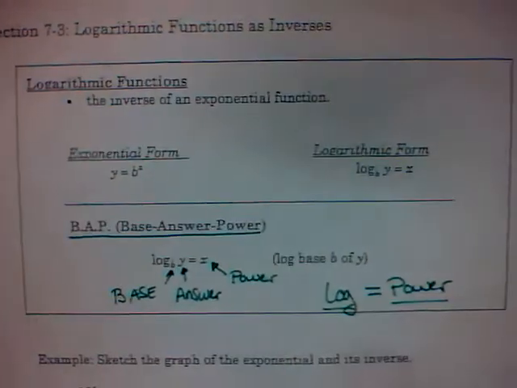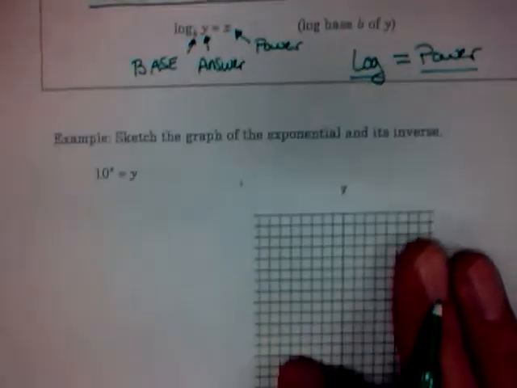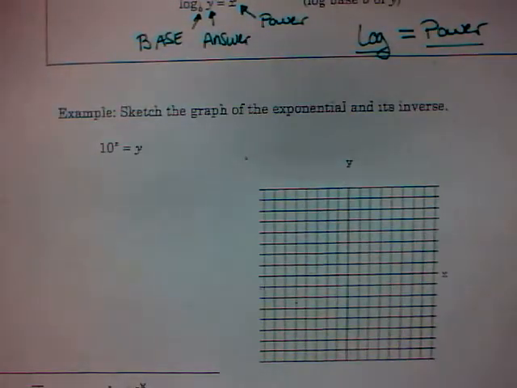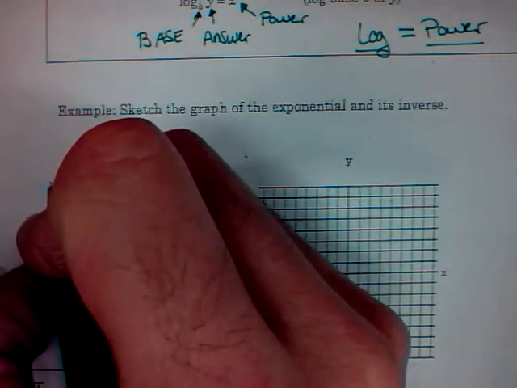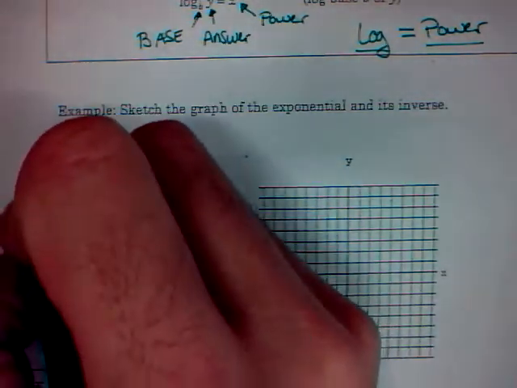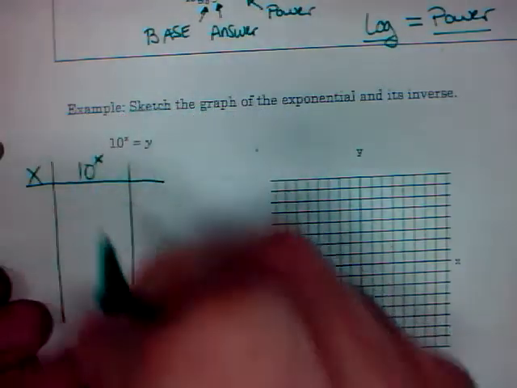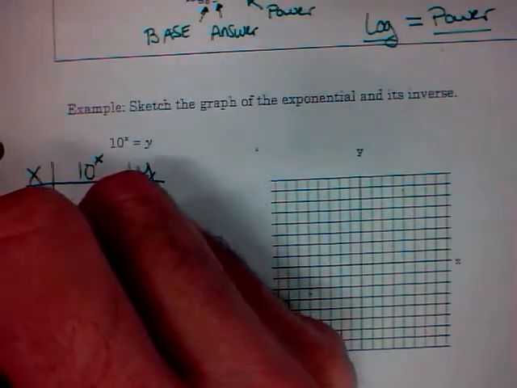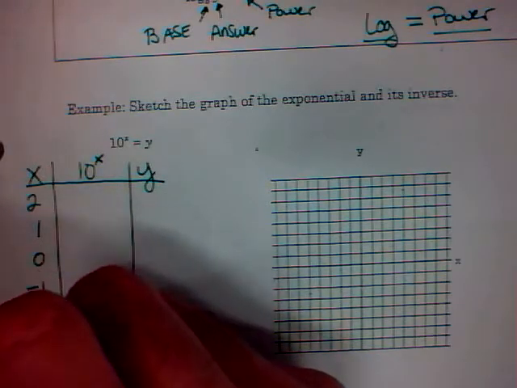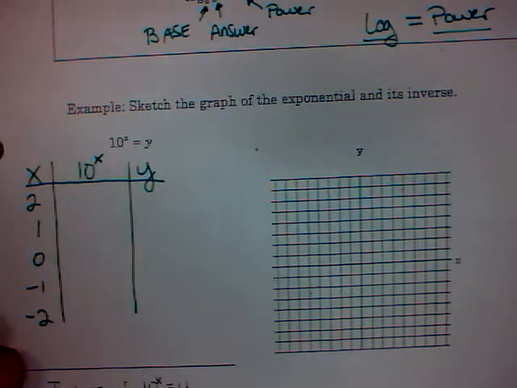So let's first start off by looking at the graph of an exponential, and then we'll look at finding the inverse, which is the log. So here, let's make a chart of values. Here's our x. This is going to be 10 to the x power, and then this will be our y value. And let's use 2, 1, 0, -1, and -2.